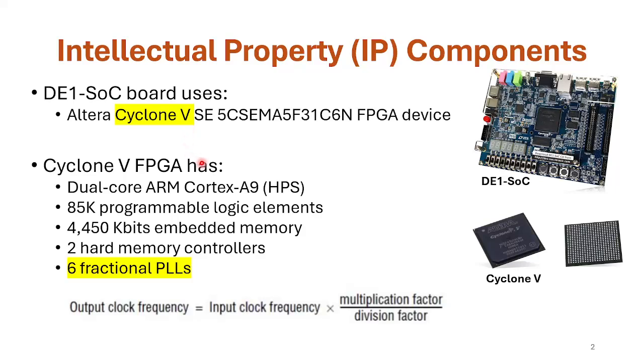Most of the FPGAs today include several different things, intellectual property or IPs embedded inside the FPGA fabric, including quite often PLLs, phase locked loops, that are really handy, useful for implementing clock generators because they are very stable, very accurate, and therefore very useful in a lot of applications that require accurate, stable clock signals, which for all practical purposes, pretty much most of the real designs out there need.